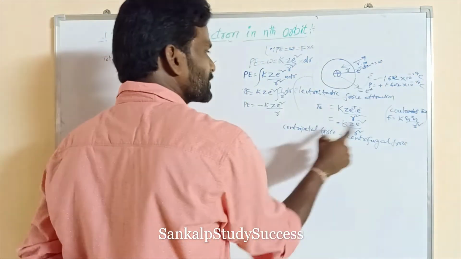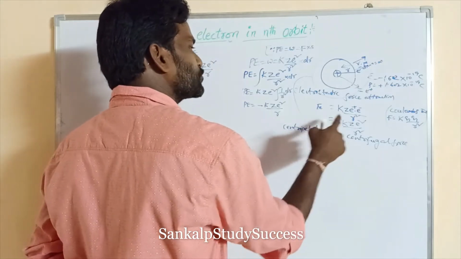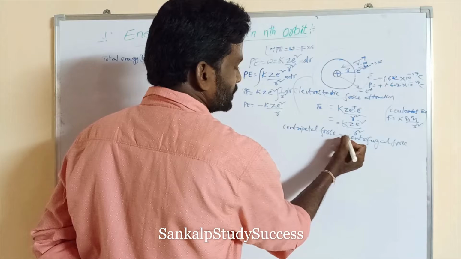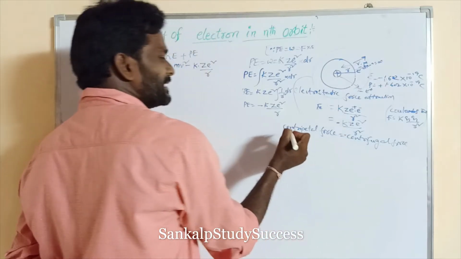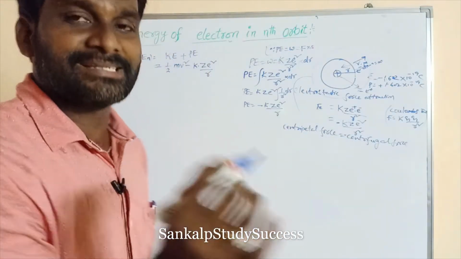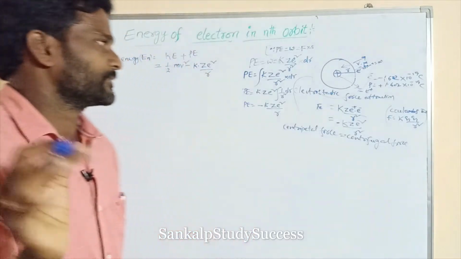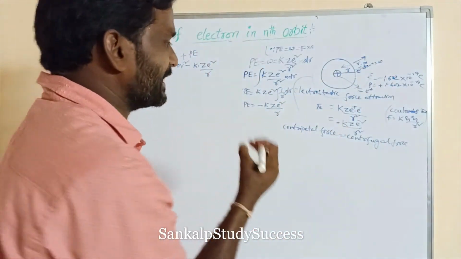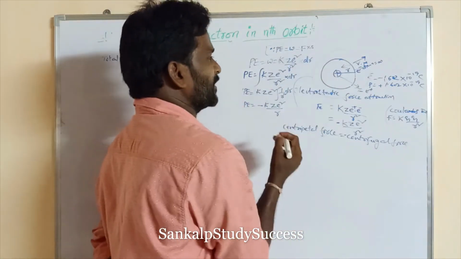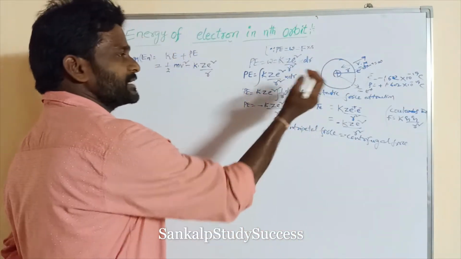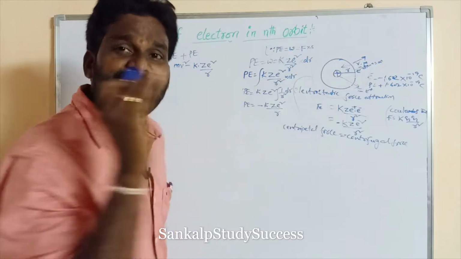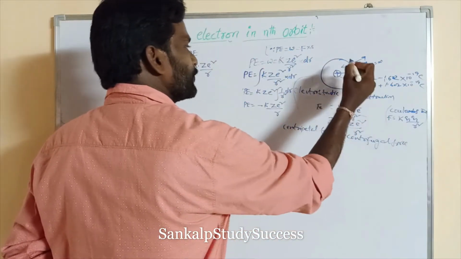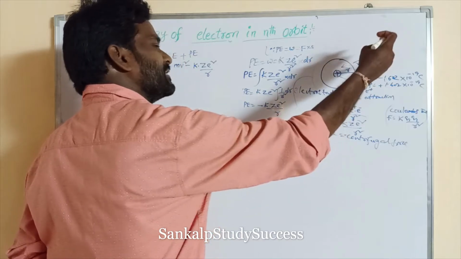So these two forces are equal and present on opposite sides. Centripetal force is equal to minus centrifugal force. Centripetal force acts towards the nucleus, but centrifugal force acts away from the nucleus.